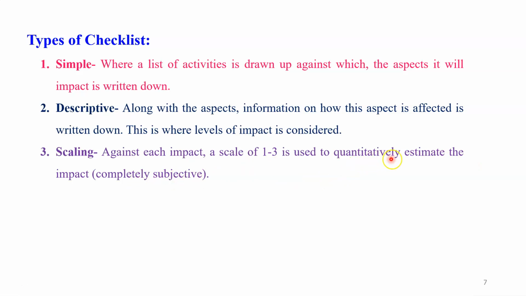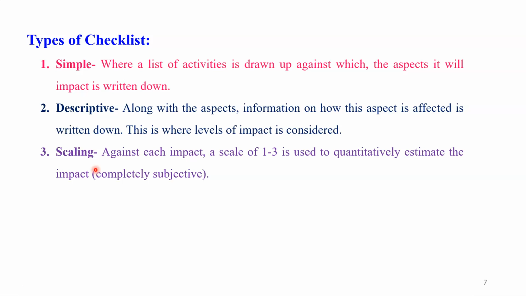So we assign a number to the impact of that particular activity on that particular area. It starts from 1 for low, then 2 for medium, and 3 for high. So you can explain the intensity of that scaling. That is very important.